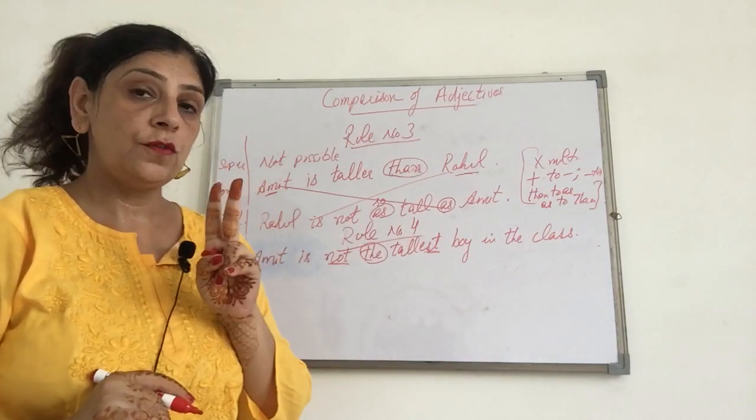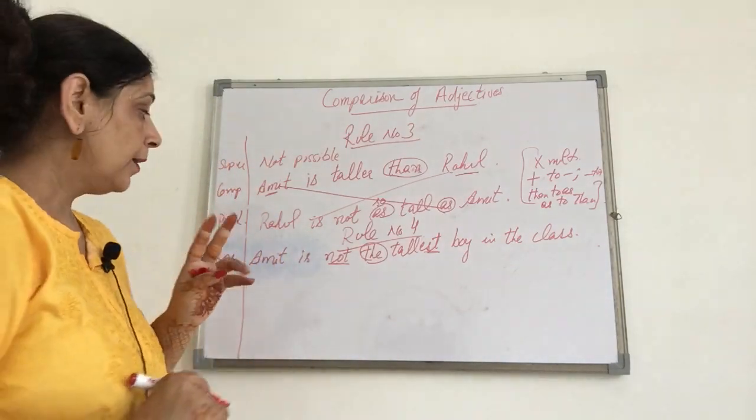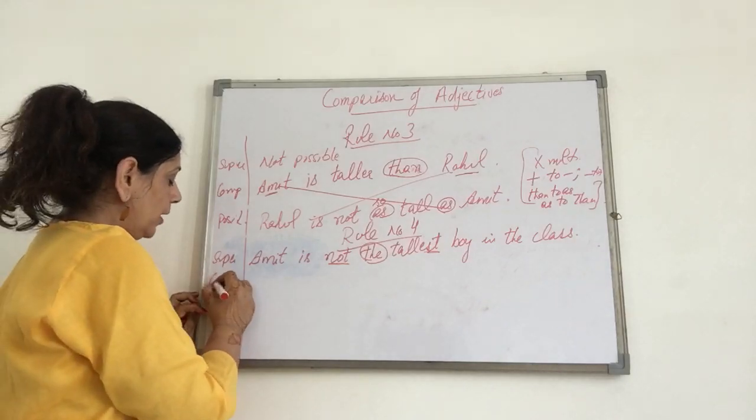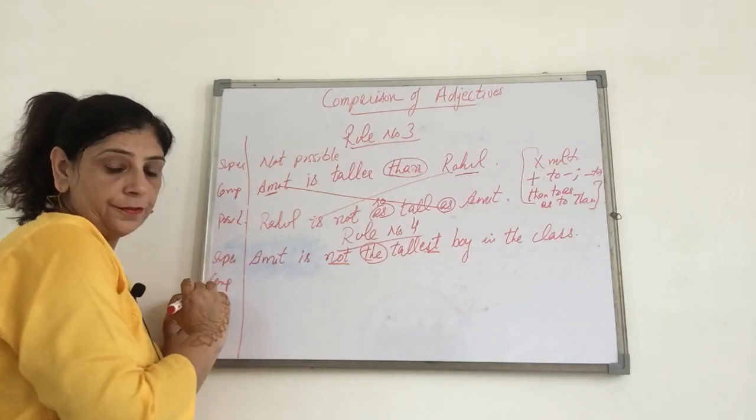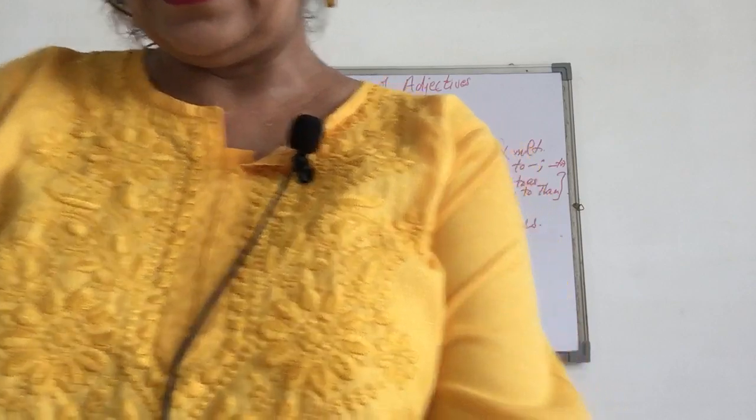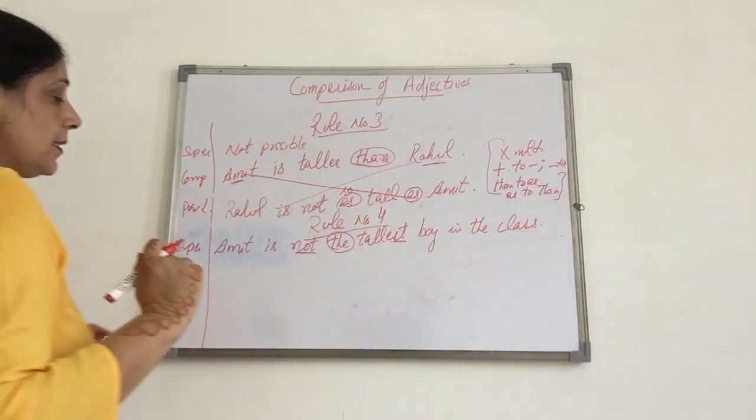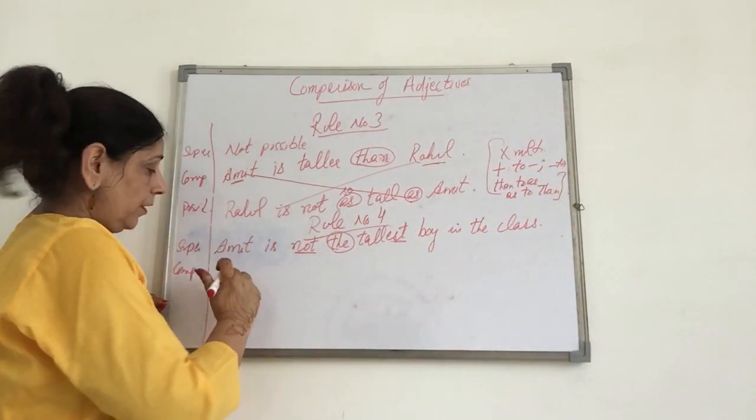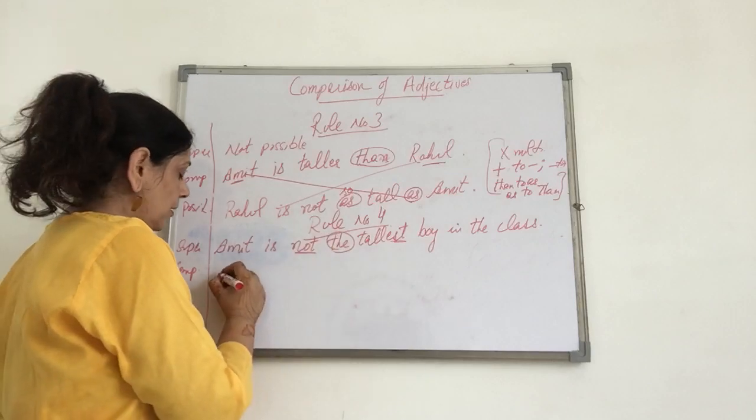Now there are two ways of doing this. First, you can try changing it into comparative. They are also given in your book. Yes, we have to use the word some. One option will be: Amit is not the tallest boy in the class.